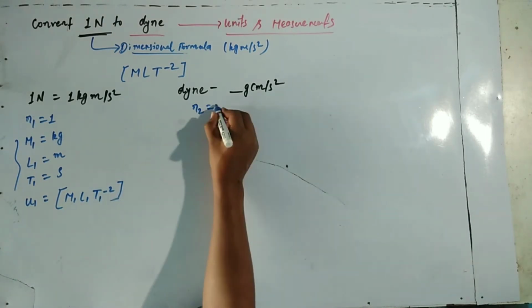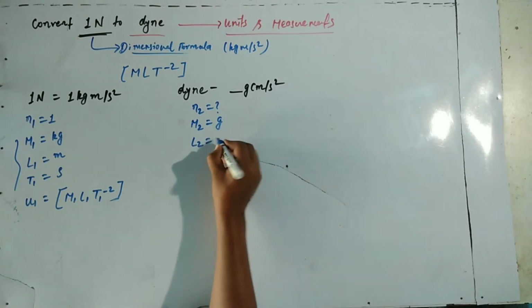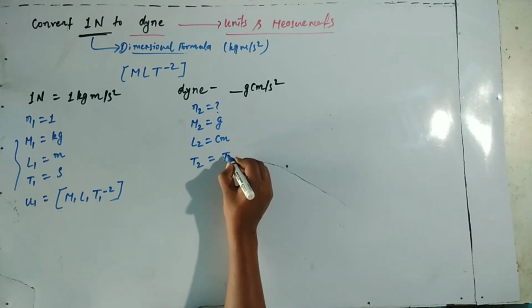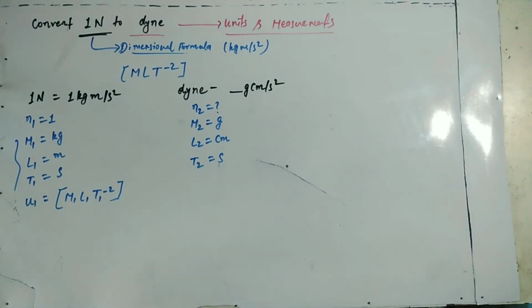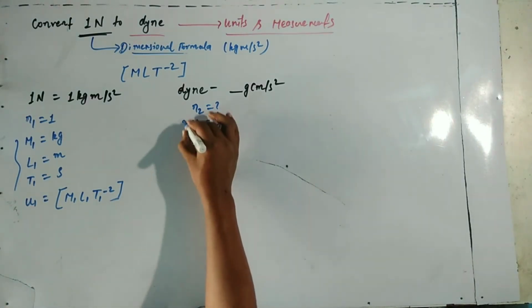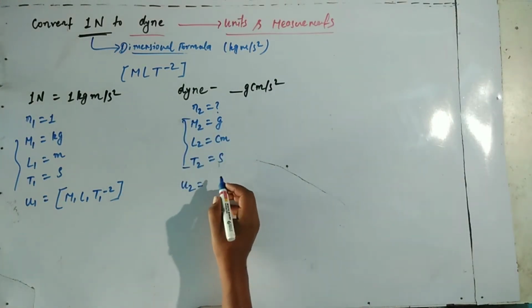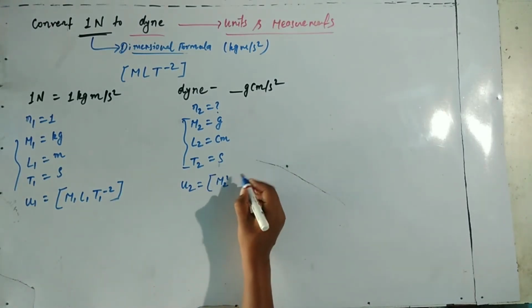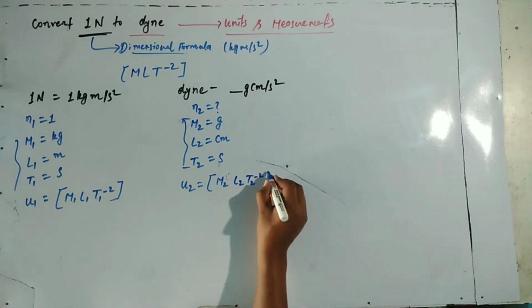Then M2 equals gram, L2 equals cm and T2 equals second, and these three terms form U2. So U2 will be M2 power 1, L2 power 1 and T2 power minus 2. So this is the form of U2.